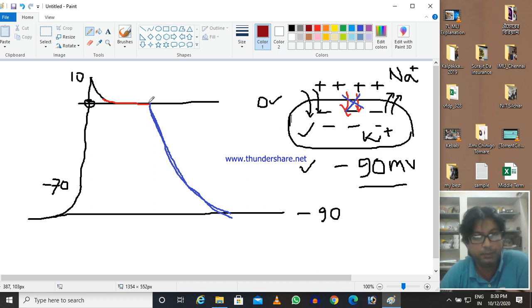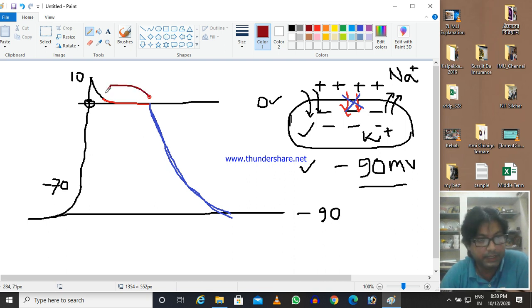And after the plateau phase, when the membrane potential comes back to resting potential, that is a potassium dependent event, called repolarization of the cell, nothing but the relaxation of the heart muscle.